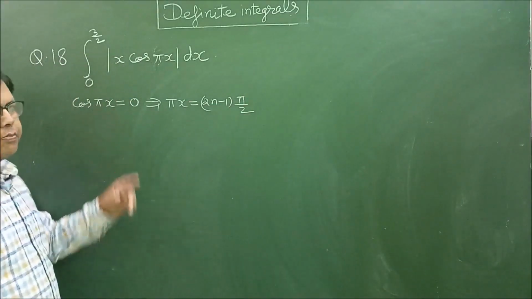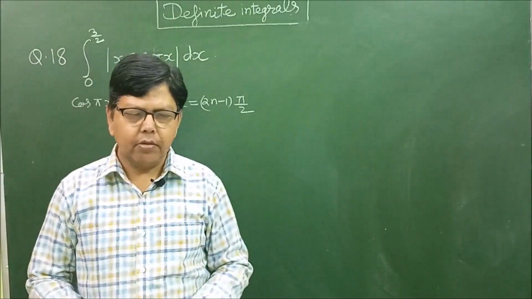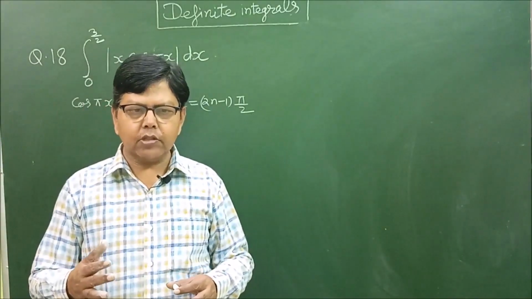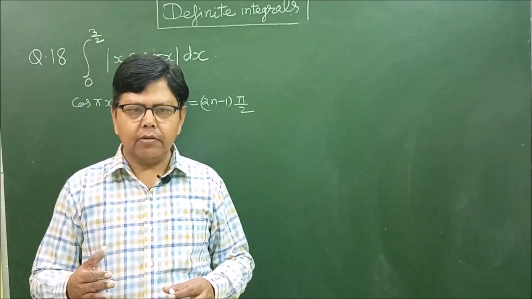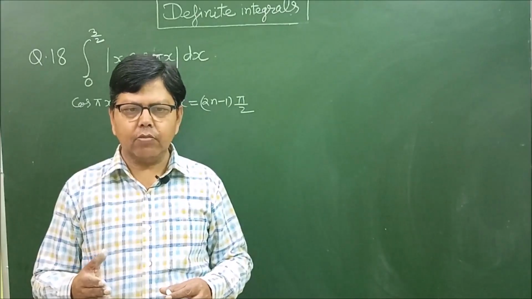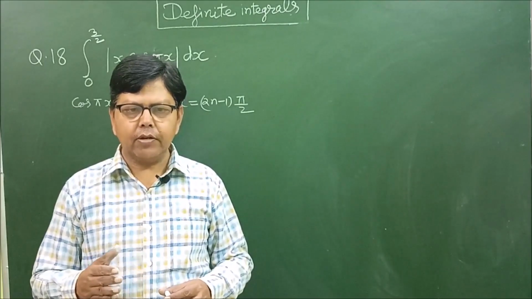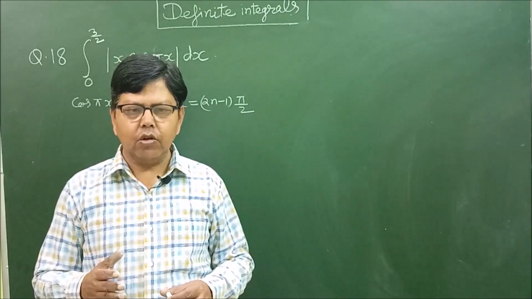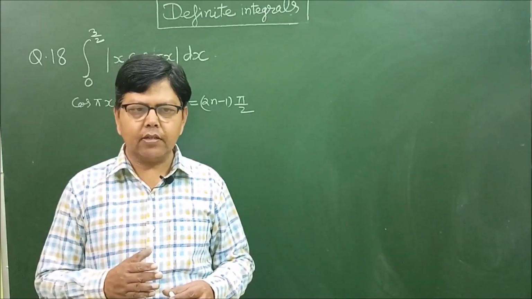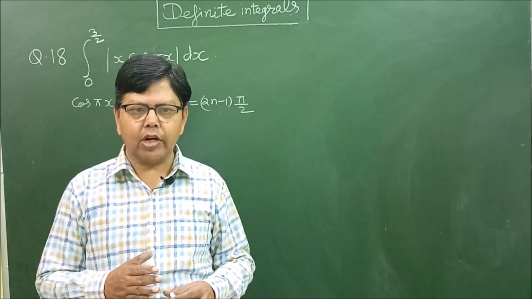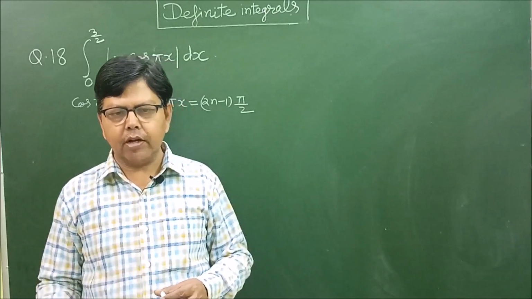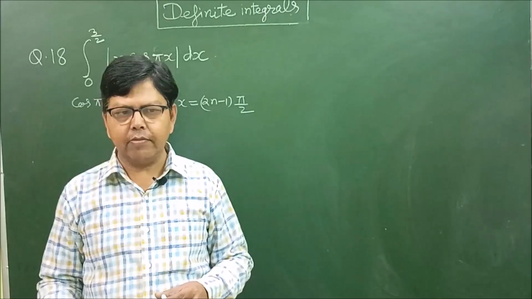I am finding this point because the nature of cos changes when the value of cos x is 0. Before that the value will be either positive or negative, and after that the value will be either positive or negative.